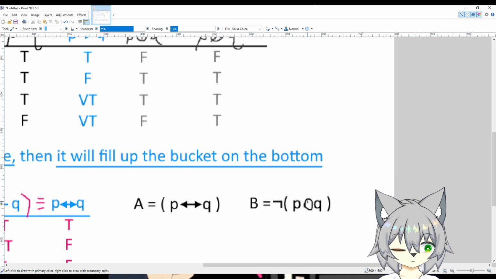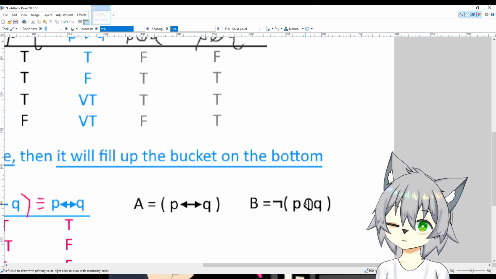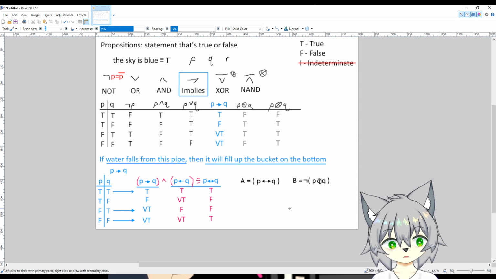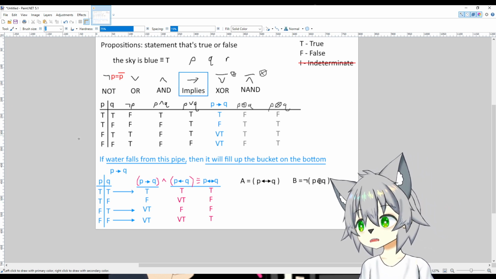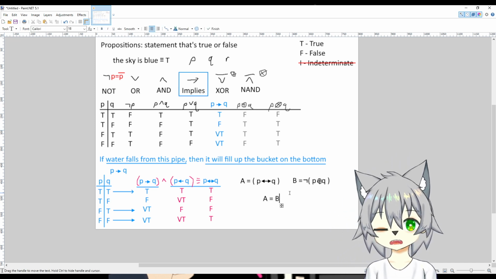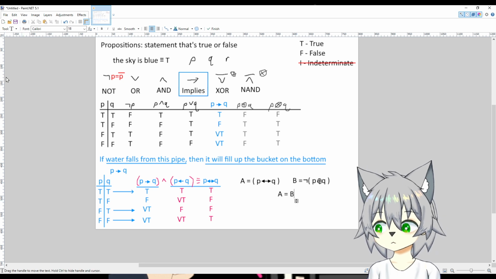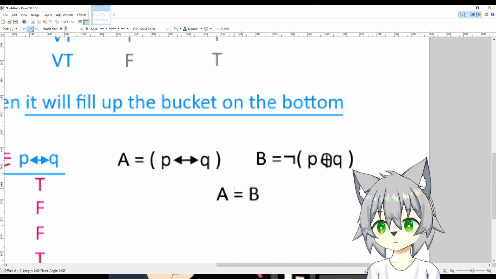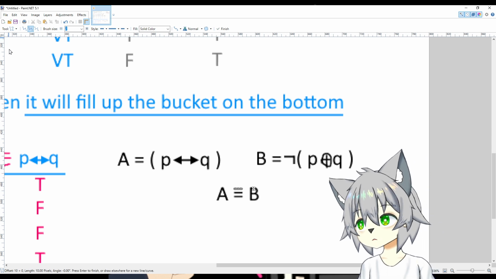And then, this, where A and B are equivalent, where of course we use a nice little triple bar to represent equivalence.